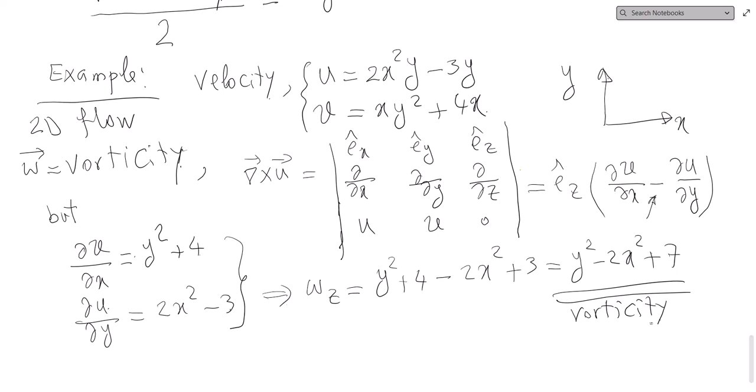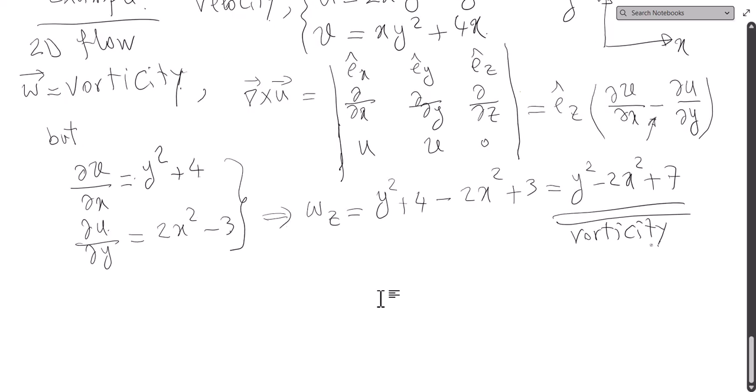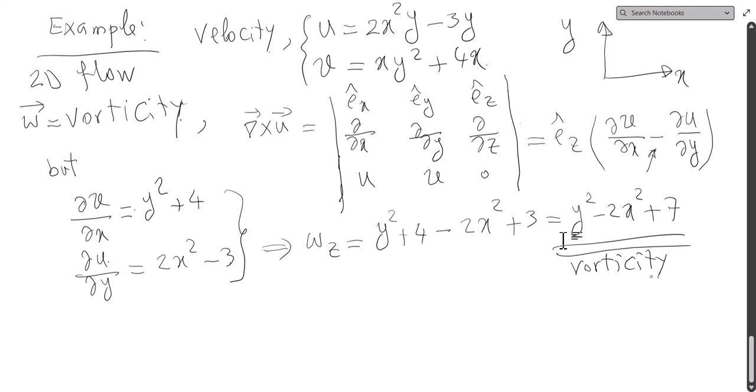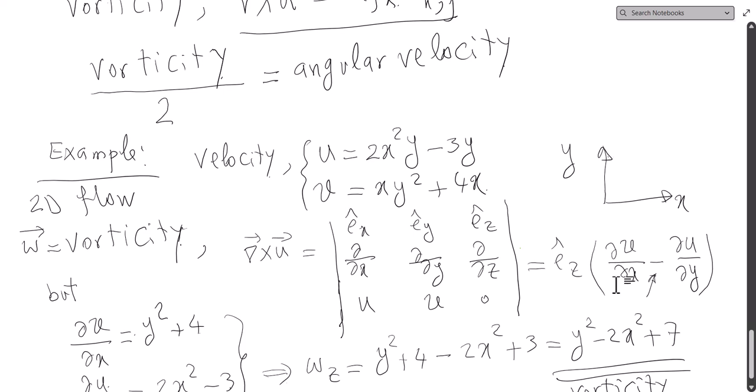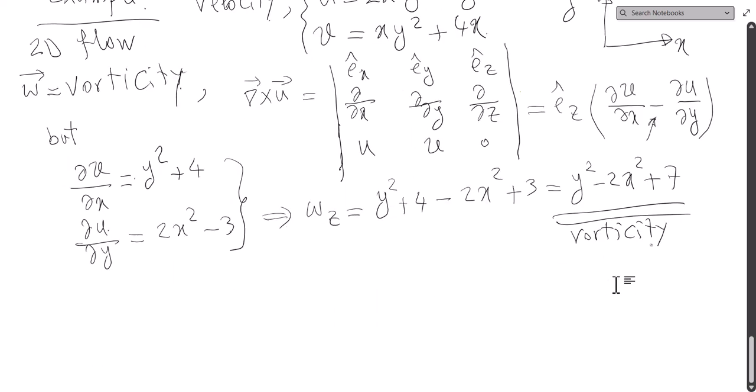Obviously it is a field quantity. By that I mean that for different values of x and y in the coordinate system, we will get different values for the vorticity. Okay, how about angular velocity?